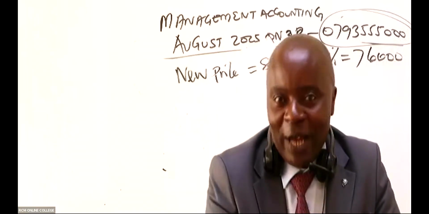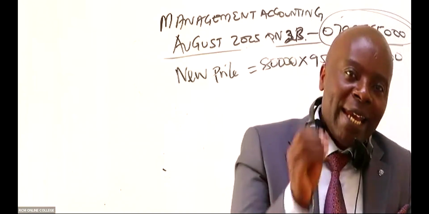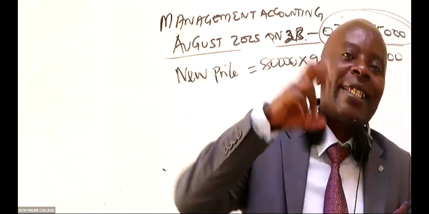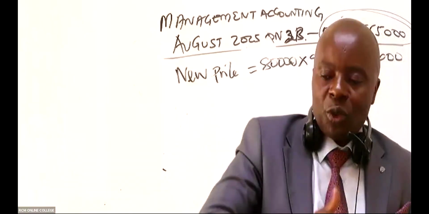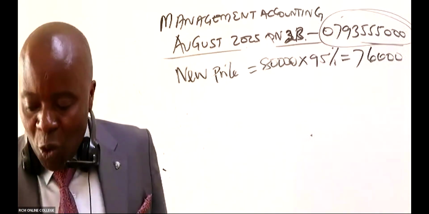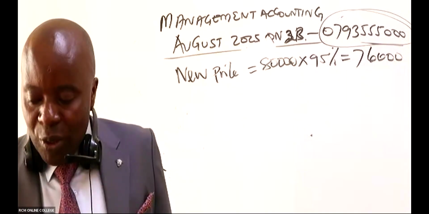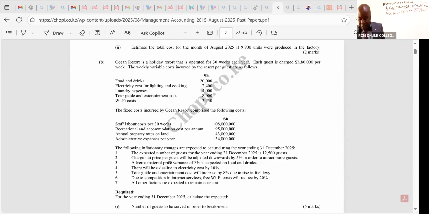It's an adverse variance. So for costs, whenever you hear of an adverse variance, costs will always increase. So like now here they have told us that for materials, we have a price variance, adverse one, 3%. Material price variance, 3% adverse. So in this case here, we have material.